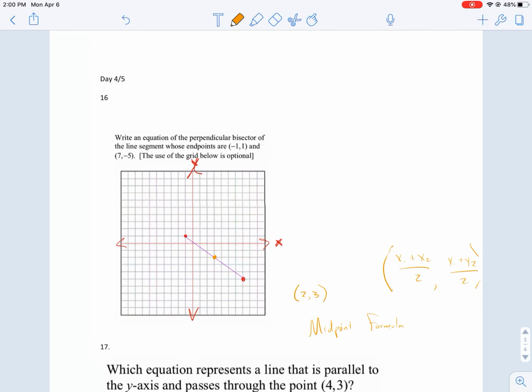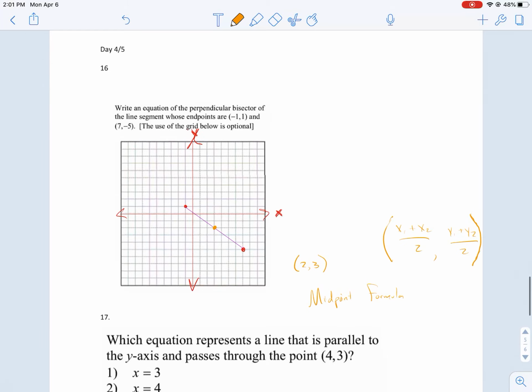You guys remember the midpoint formula, right? Maybe, maybe not. It's (x1 plus x2) divided by 2, and (y1 plus y2) divided by 2. That's your midpoint formula. So, we got our points here, so it's going to be (-1 plus 7) divided by 2 over (1 minus 5) divided by 2. And so what do we get here?